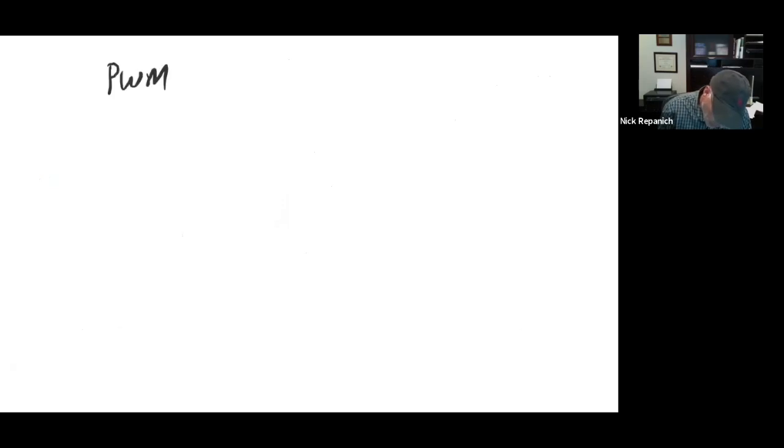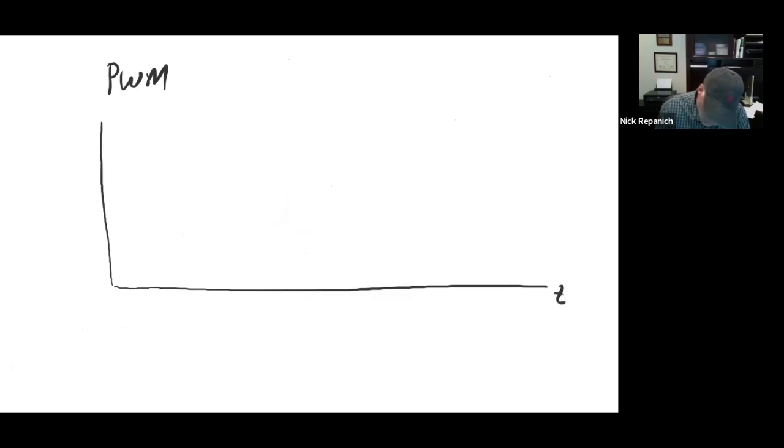With PWM, what we're going to look for is something that over time applies a voltage, and we're going to choose a heartbeat to the system. Here's how often we're going to turn the voltage on. But during that on period, you may have a time where it's on a little bit and off, and then it's on for a little bit.